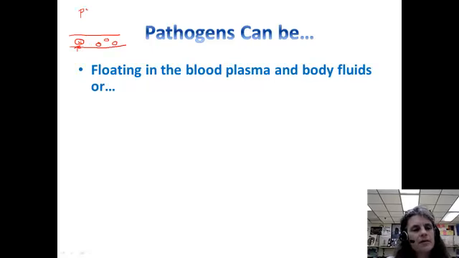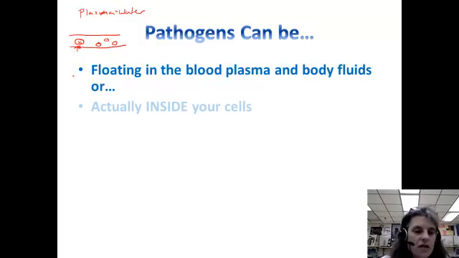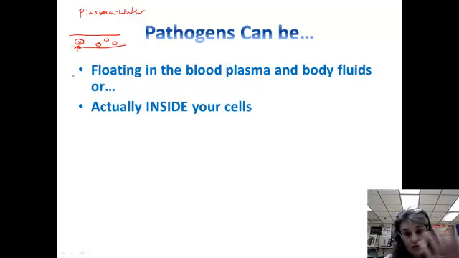Remember, blood plasma is basically the water of the blood. It's got solutes in it and other things, but it's what the blood cells are floating in. So bacteria can just be floating out here and bumping into blood cells and just hanging out. So that's one way the pathogens can be apparent in your body, is they're just floating around with the other cells and bumping into them and whatever.